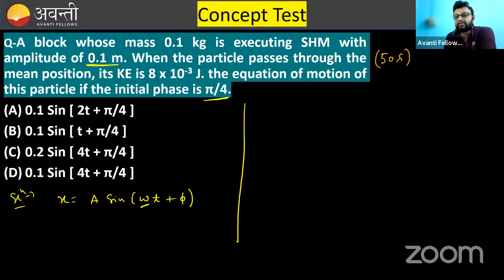For the calculation of omega, they have given the kinetic energy. When the kinetic energy is given as the particle passes through the mean position, that means at the mean position, kinetic energy is given. Okay, Ganesh is saying option D is the correct answer. Okay, let's check.